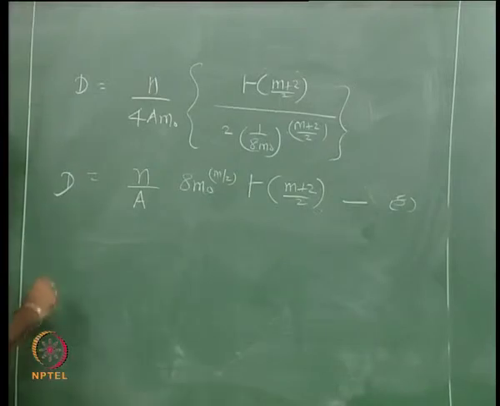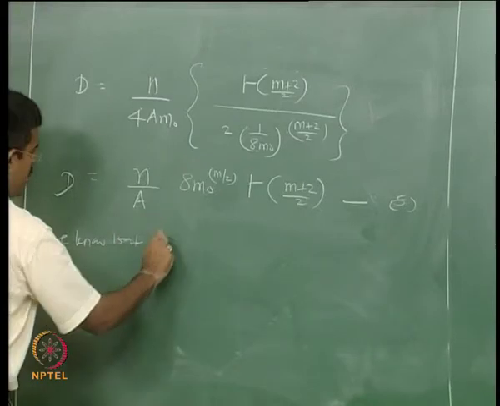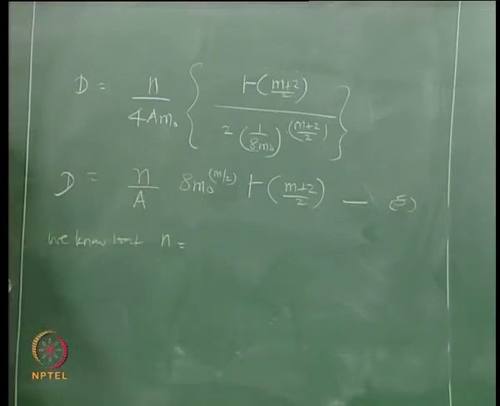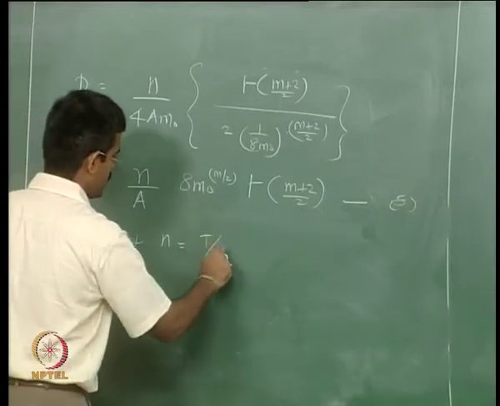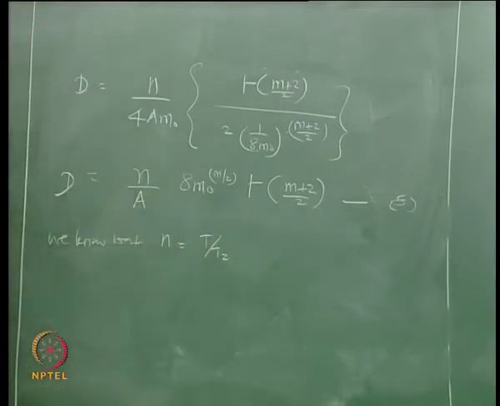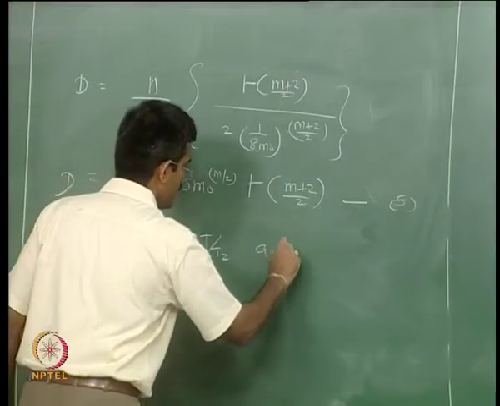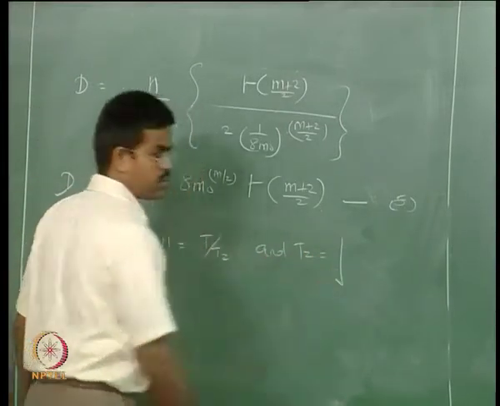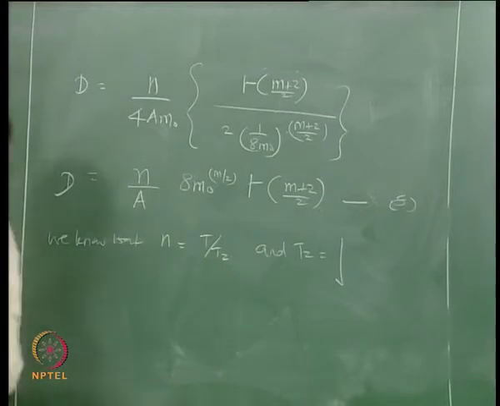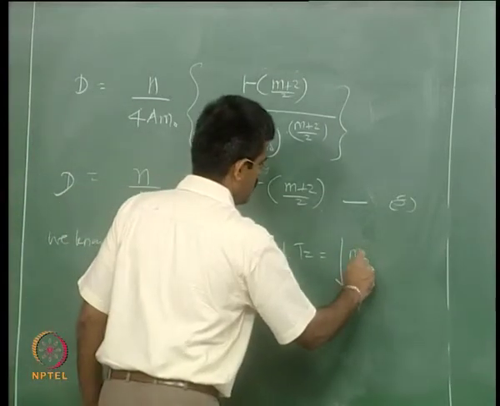Now, we already know n. What is n? Turn back and tell me what is n? N is number of cycles, which you can say T by T z, is it not? And what is T z? Square root of m naught by m2. Good.